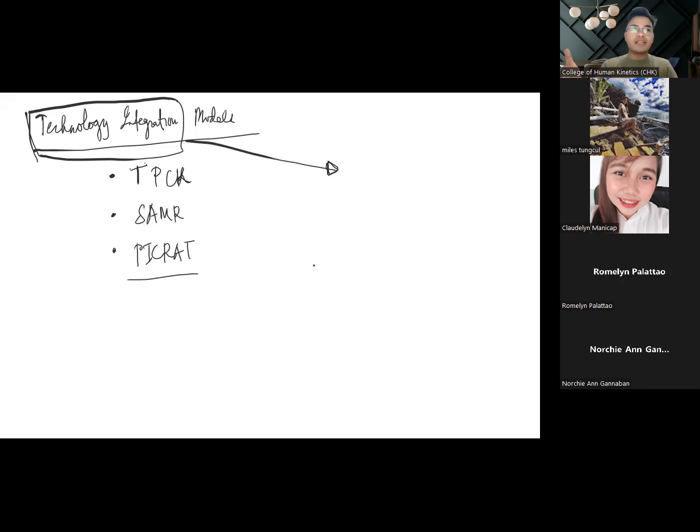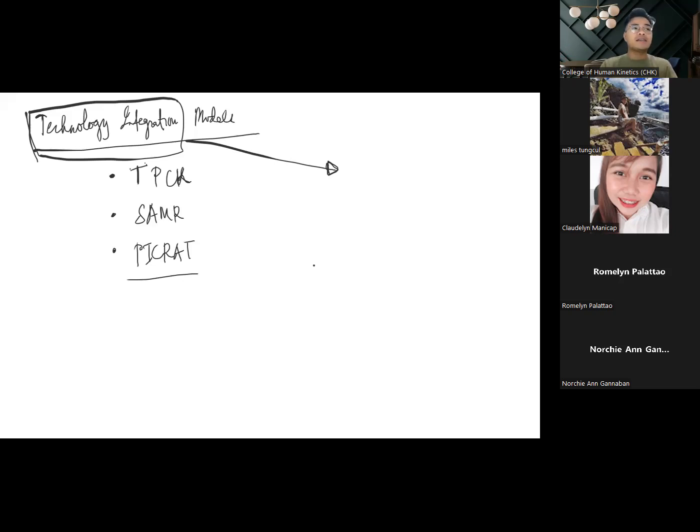You can observe that among your teachers in the earning units. Meron tayong mga teachers na medyo technology savvy. Ibig sabihin, they hesitate in the use of technology because there are many factors that can be the reason why they are like that.